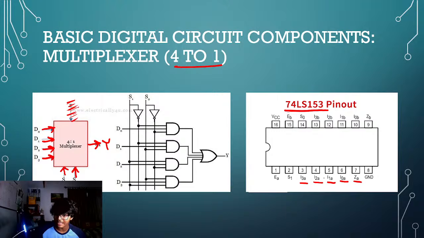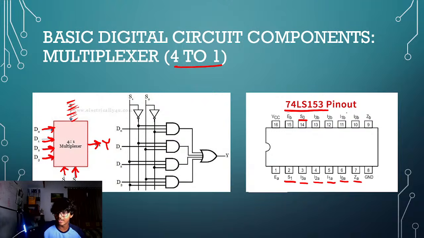And your signal pins. Now, here's where it gets interesting. Your signal pins for both of the multiplexers are common. In your IC, both multiplexers are controlled by the same signal inputs S0 and S1.